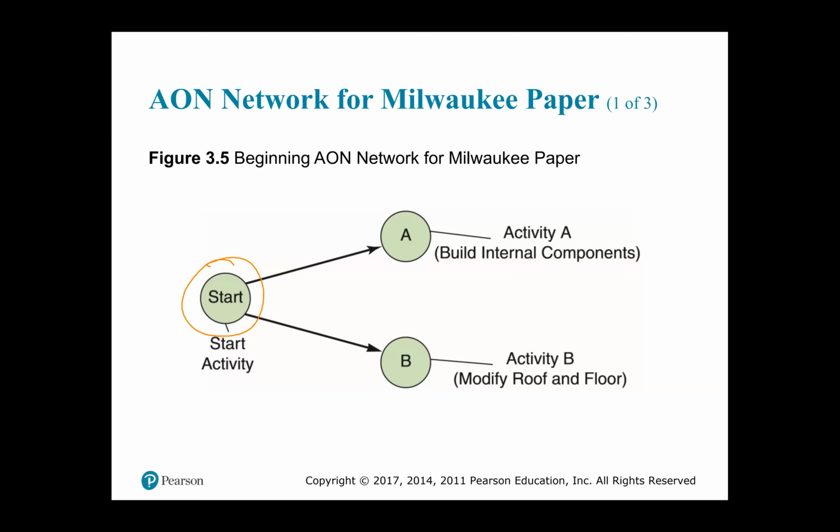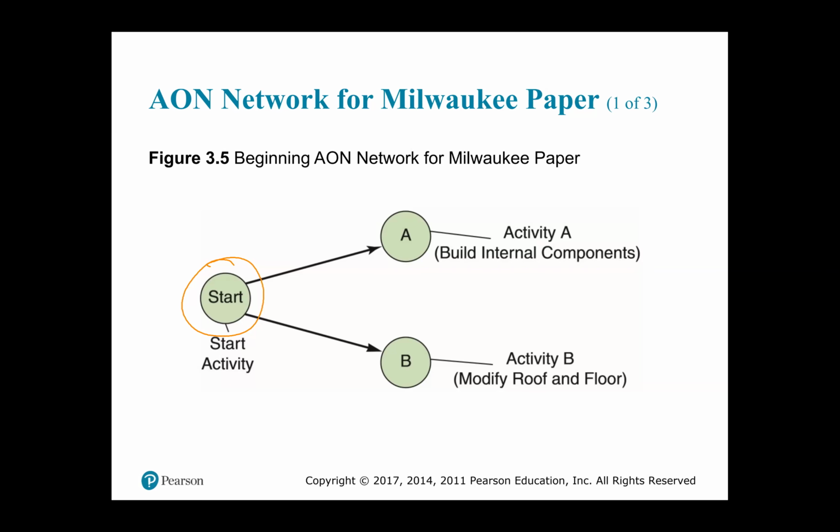So our focus is just to be able to convert the table to pictorial form that we call a network. So out of this start node, you will have all those activities that have no immediate predecessor relationship.